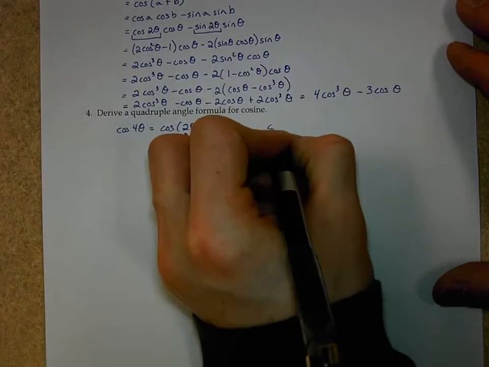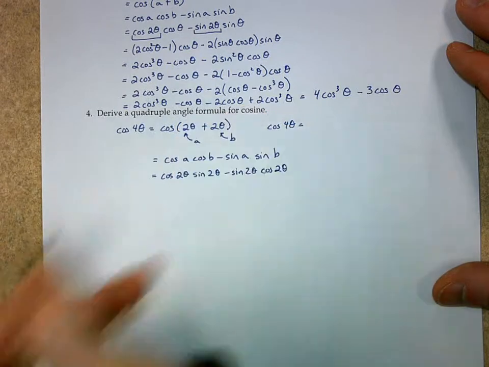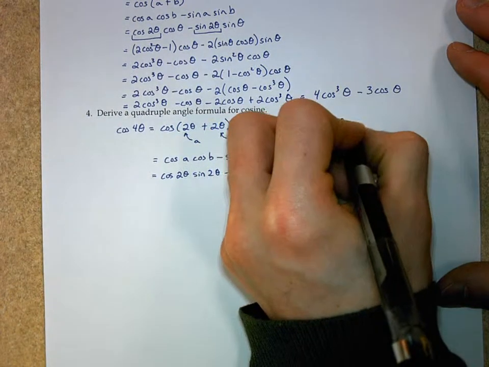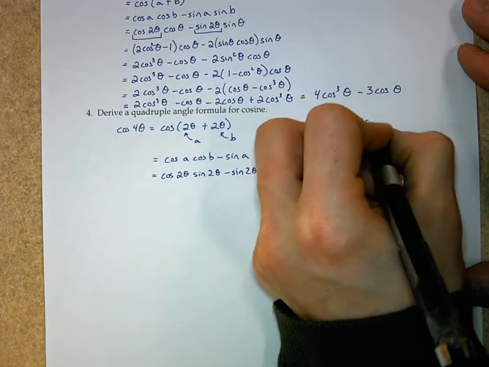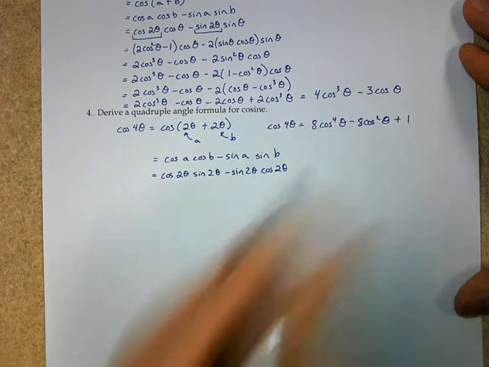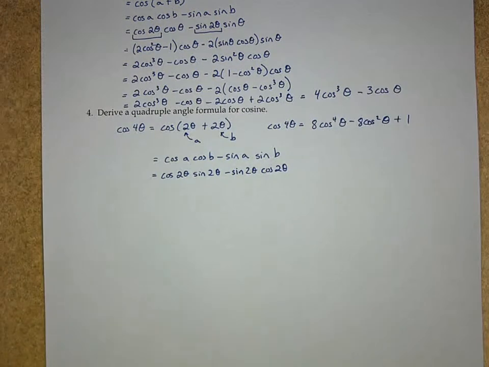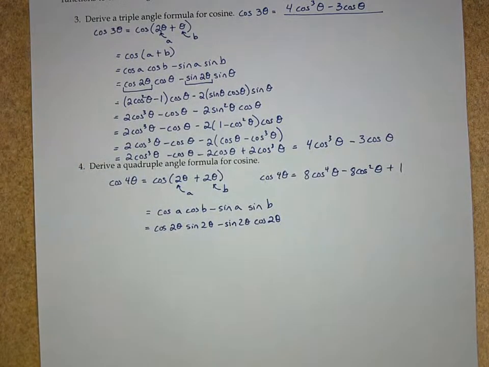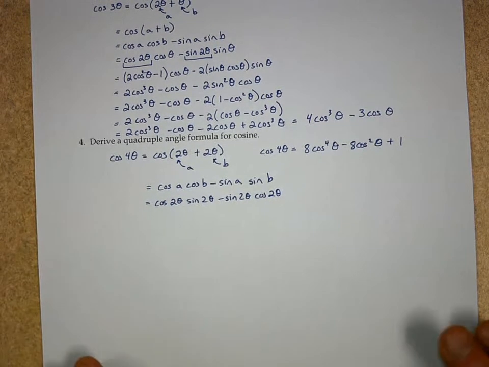But at the end, we are going to come up with the cosine of 4 theta equaling 8 cosine to the 4th of theta minus 8 cosine squared of theta plus 1. So I challenge you to come up with those. It's the same exact process that we had up here, where you're going to substitute in your cosine squareds, your sine squareds, your 1 minus cosine squareds, or whatever identities you need to get everything into cosines, and then simplify.